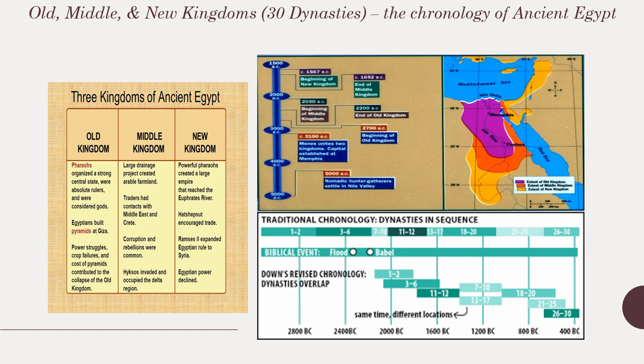We will deal with some of the chronology of ancient Egypt, and in the slide in the upper right, the chronological table or chart, it would behoove you to at least know roughly when things happened.